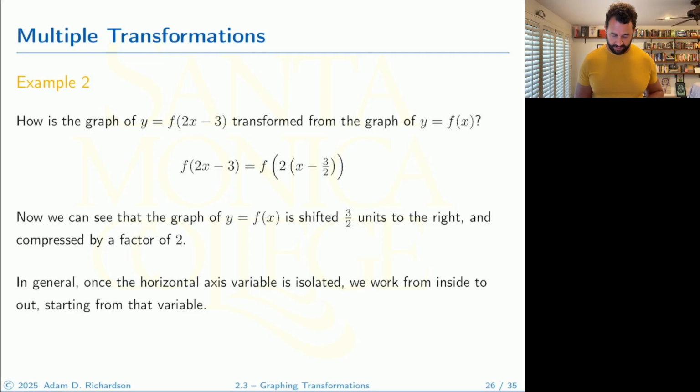That's the idea. So the general idea is once you've isolated the horizontal axis variable, in this case x, then you just work from inside to out. So x gets shifted by 3 halves, then it gets compressed by a factor of 2, then the function is applied.